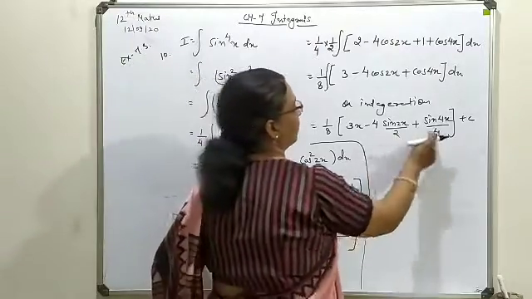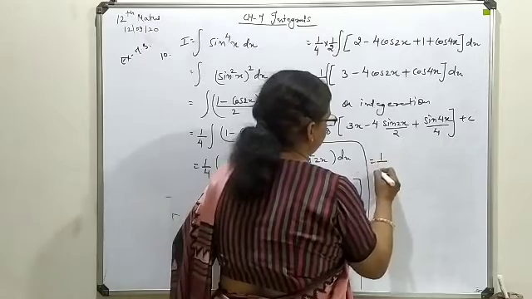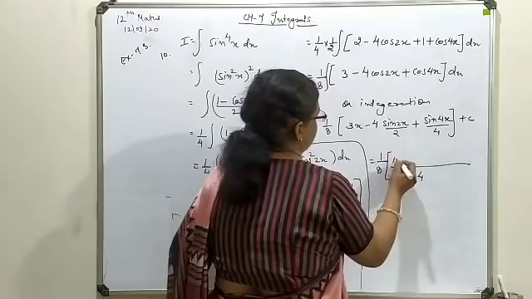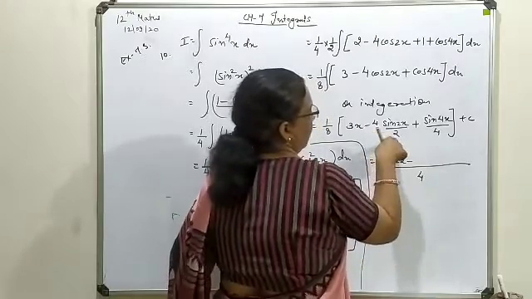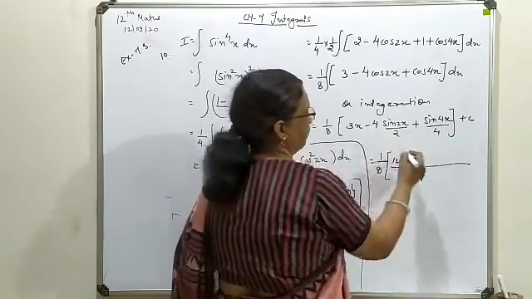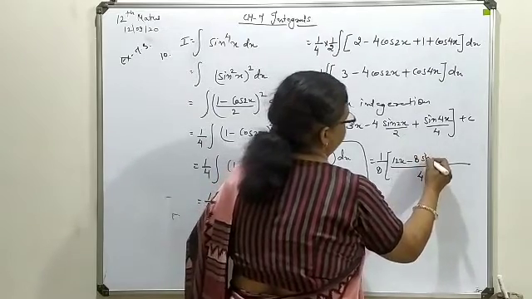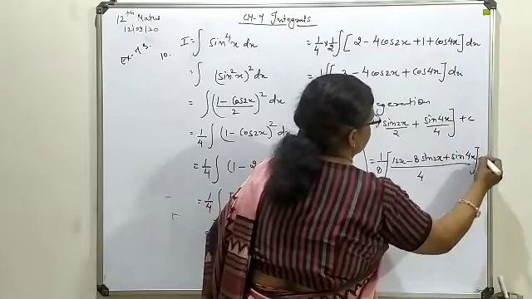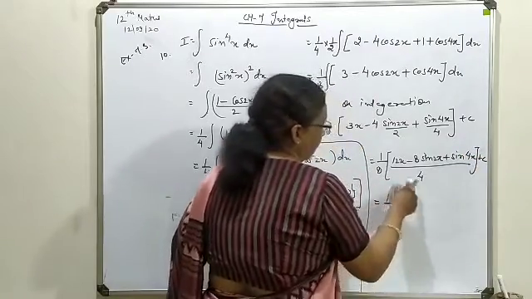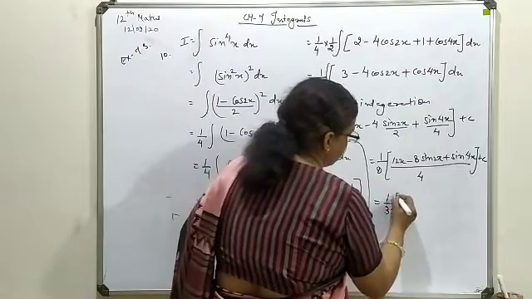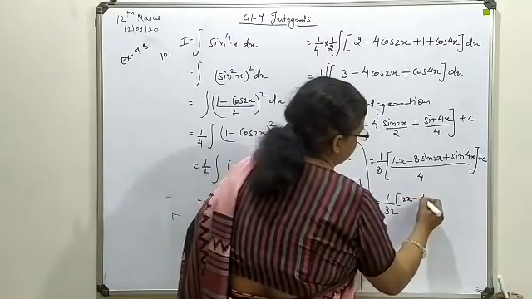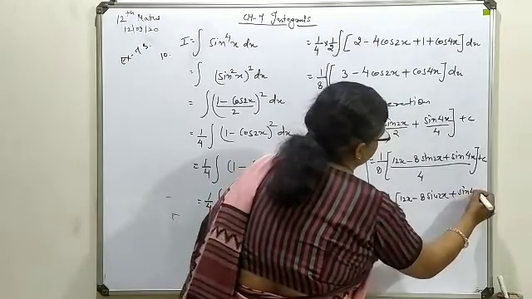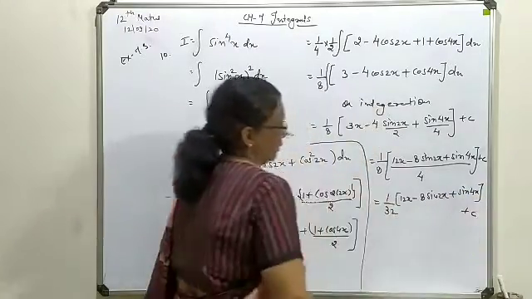Now here 4 we will take as LCM. So this is 1 upon 8. On taking 4 as the LCM, this will be your 12x minus 8 sin of 2x plus sin of 4x, and this is a constant. So 1 upon 32 times 12x minus 8 sin of 2x plus sin of 4x, and this is your constant term.